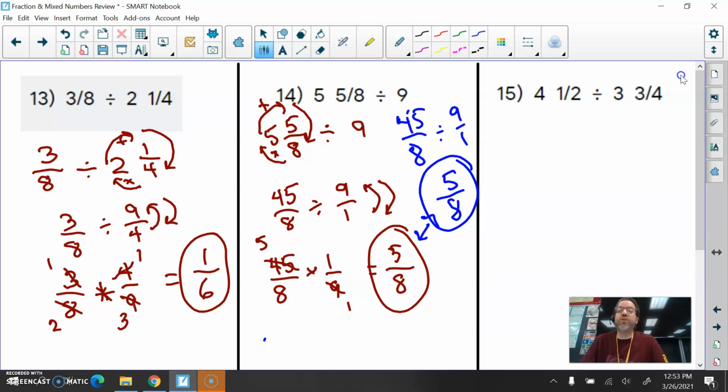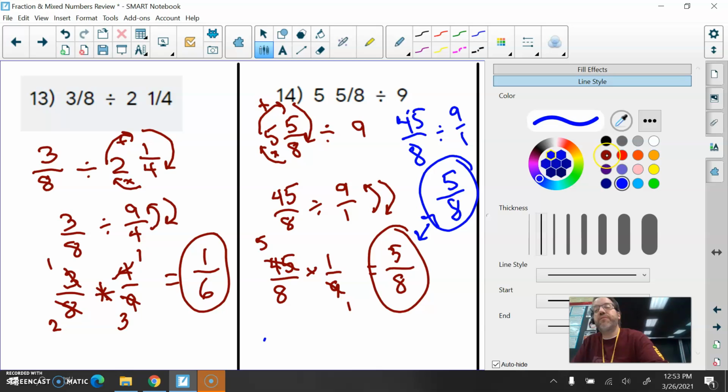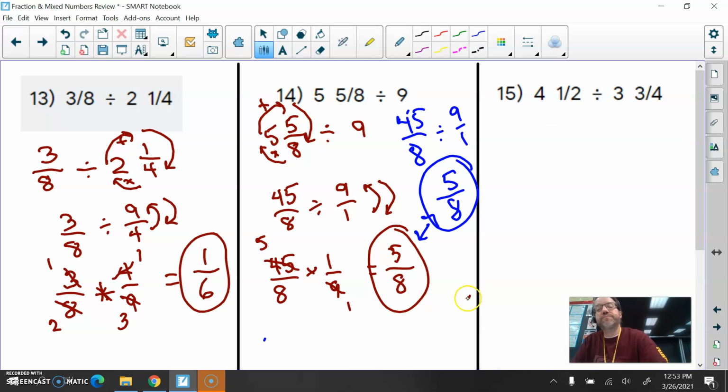All right, and then we have one more example here, number 15. Let me switch back to my original color here. 4 1/2 divided by 3 3/4. Let's rewrite that. 4 1/2 divided by 3 3/4. All right, so now let's change these into improper fractions. When multiplying or dividing, always change your mixed numbers into improper fractions.